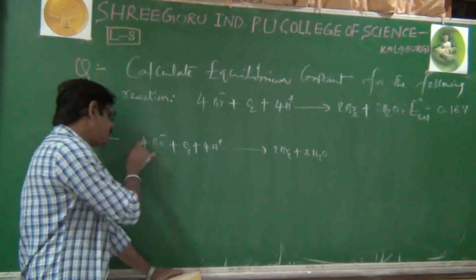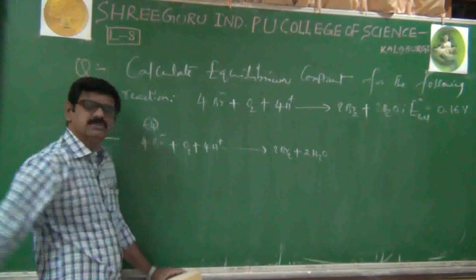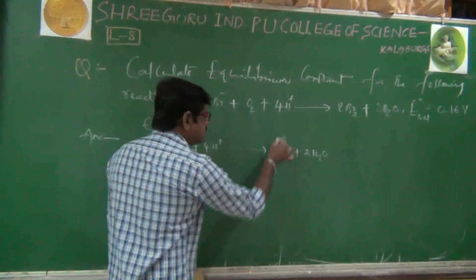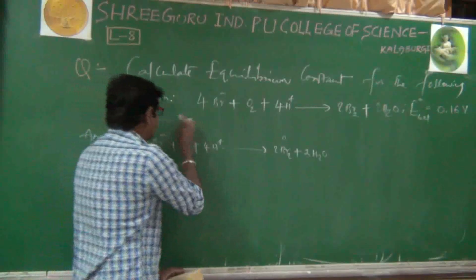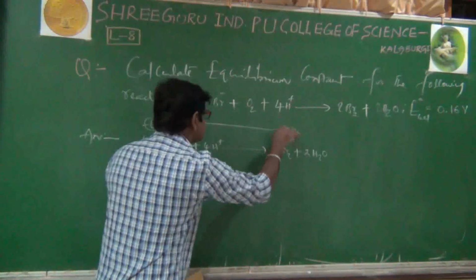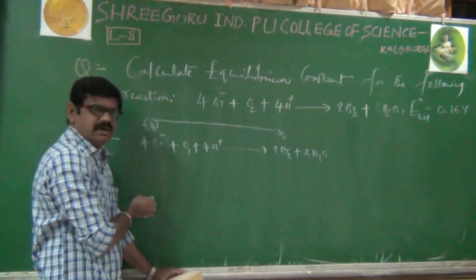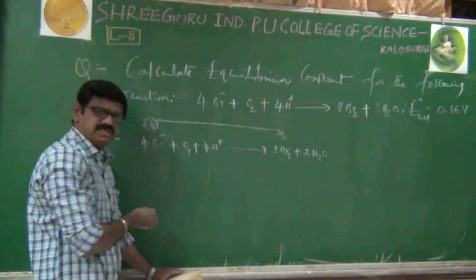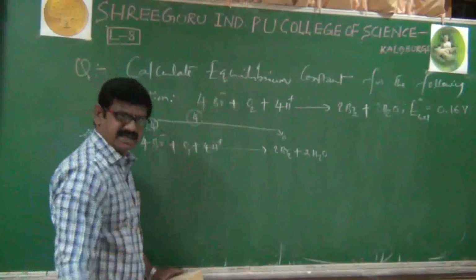See here, 4 into minus 1, so overall it is minus 4. Br minus 4 converted to Br2 0 is an increase in oxidation number, nothing but an oxidation process, and here the difference is 4. That's it. No need to look at the other reduction process.